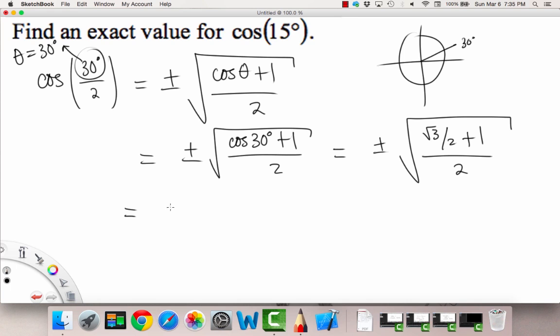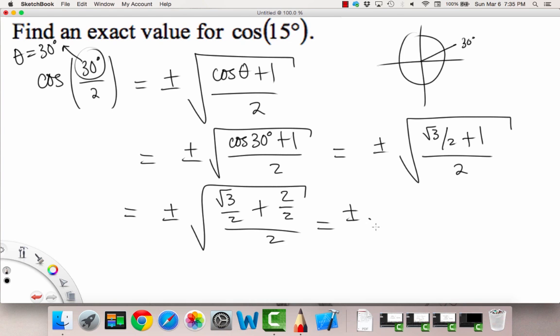We'll say this is radical 3 over 2 plus 2 over 2, and then all over 2. So this is plus or minus the square root of (radical 3 plus 2) over 4.